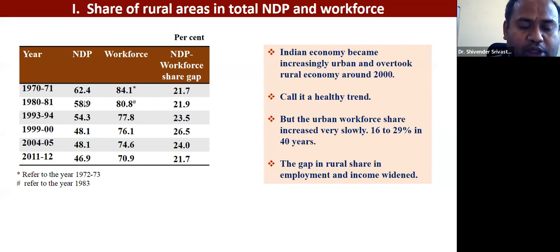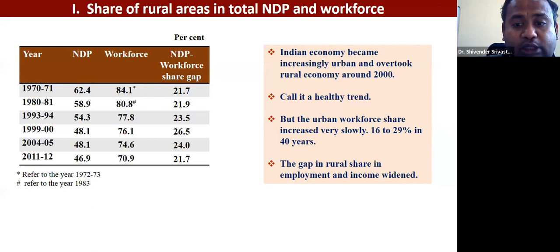But before that, let me tell you that during the 1970s, rural areas used to contribute about 62% of the total output in the country. Out of the total output produced in the country, about 62% used to be produced in rural areas, and about 84% of the workforce was engaged in rural areas.